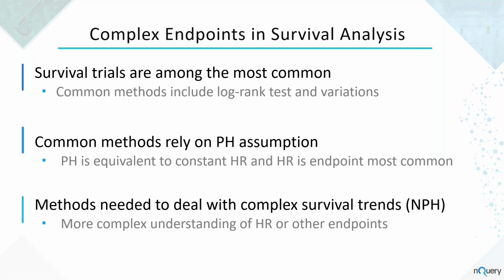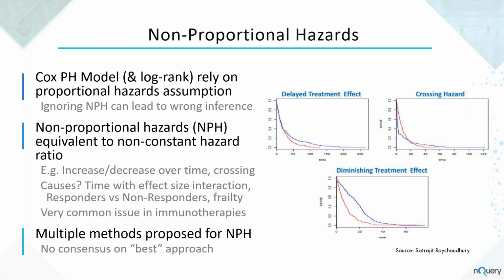Okay, so just to focus in on what we're interested in, which is non-proportional hazards. As you can imagine, both the Cox proportional hazards model and the log rank test rely on the proportional hazards assumption in order for their results to be interpretable. Just for clarity, the proportional hazards assumption assumes that the hazard ratio between the groups is constant over time, i.e. they're proportional.